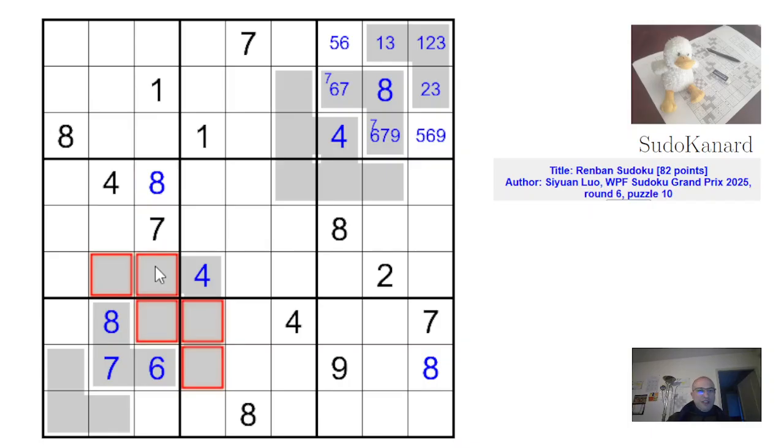I'm not sure it's a good idea to pencil mark all of them. And you can see that 1 can only go there, and that 6 can only go here. So that we're left with 2, 3, and 5, and that's not a 2.